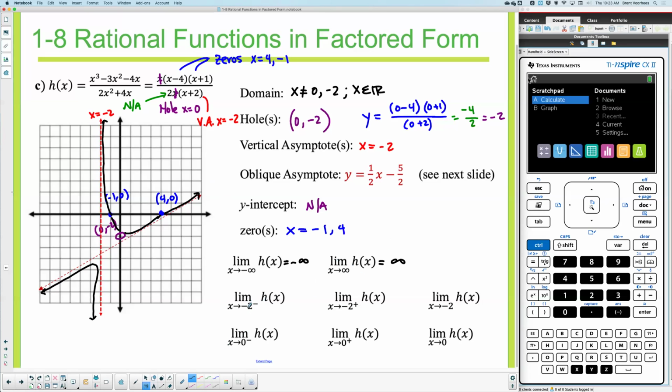Okay. What happens to y as x approaches the break at -2 from the left side? It's right here. It falls, negative infinity.